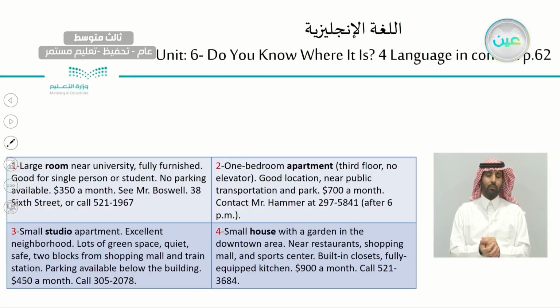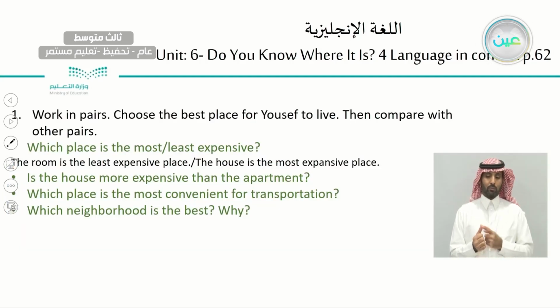Okay, read the ads and try to answer the question. The first question here, which place is the most or least expensive? So the room is the least expensive place. The house is the most expensive place.